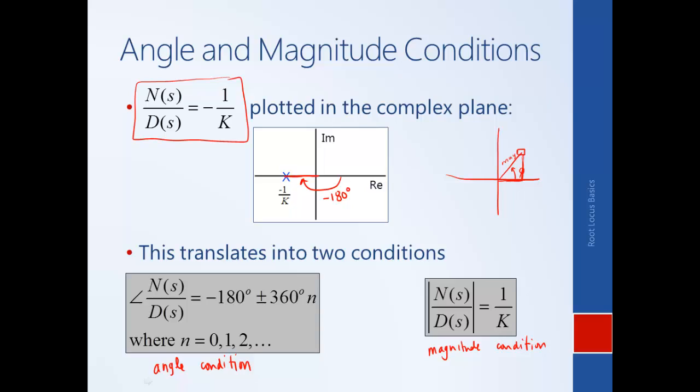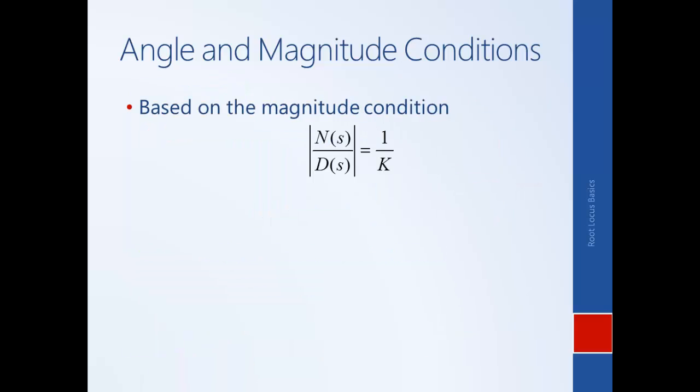Okay. Before we do that, though, let's take a look at the big picture. So recalling the magnitude condition, let's think about what happens as k goes to 0. As k goes to 0, we have a finite number divided by something that's getting very small, so this blows up. So this gets very large. In order for this to get very large, either the numerator needs to get large or the denominator needs to approach 0.